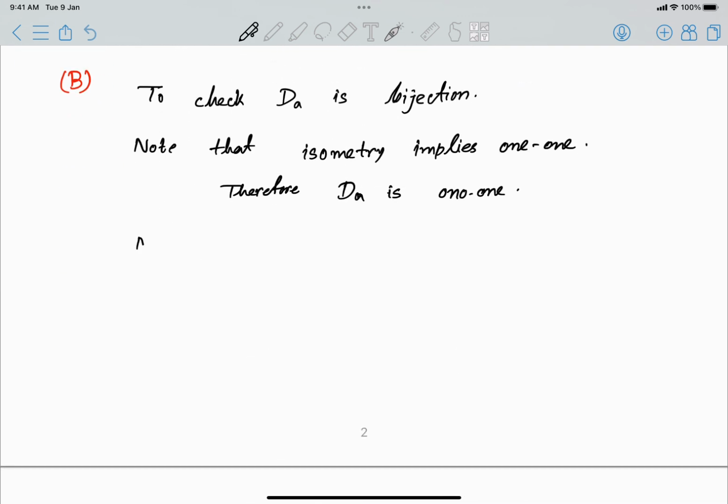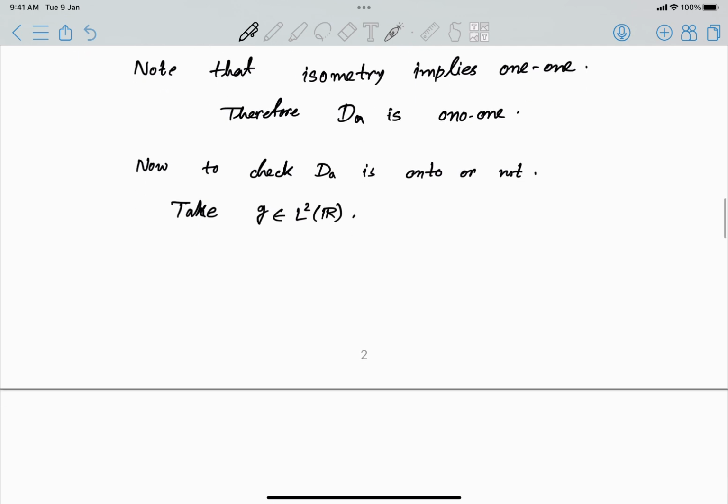So now, to check whether dA is onto or not, take g in L2 of R. Define this function h of x to be square root A times g of Ax.